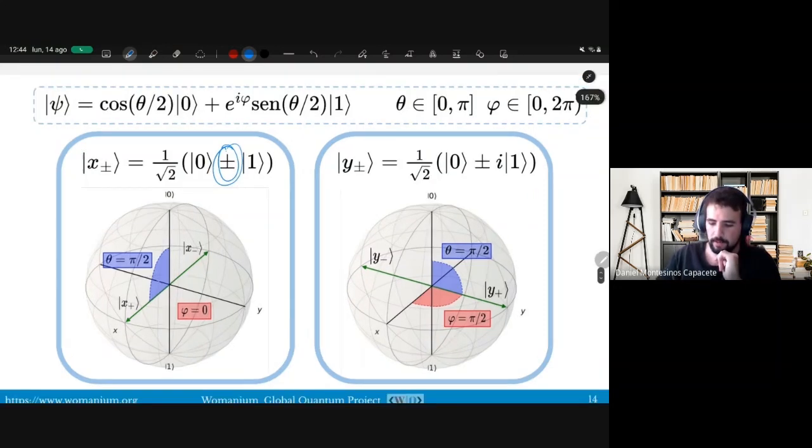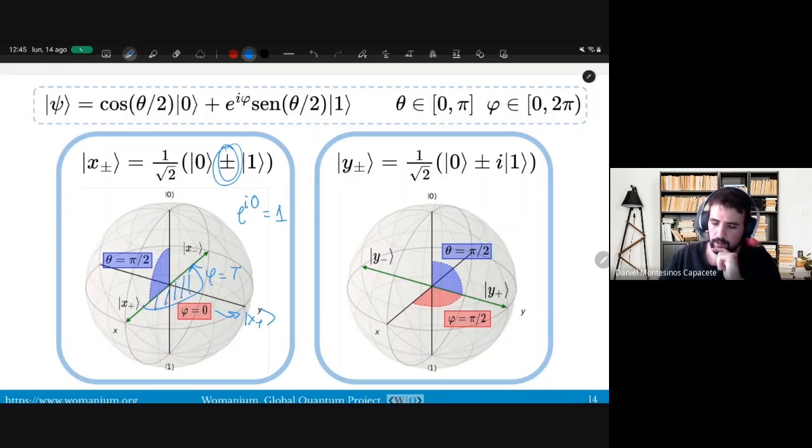In here, I have drawn the two vectors that are the plus and the minus, but here I have just written phi equals 0, and that corresponds to the x plus angle. Since phi equals 0, this exponential will be just 1. But if you have this, this will be the phi angle.